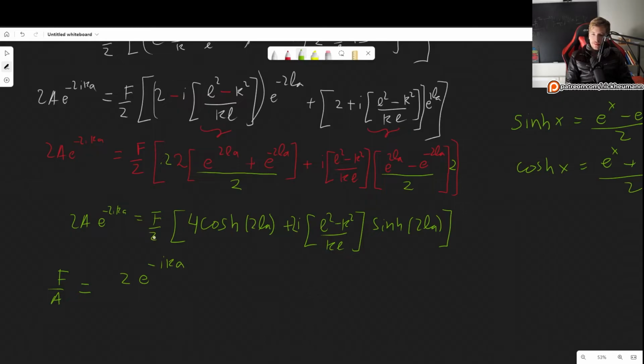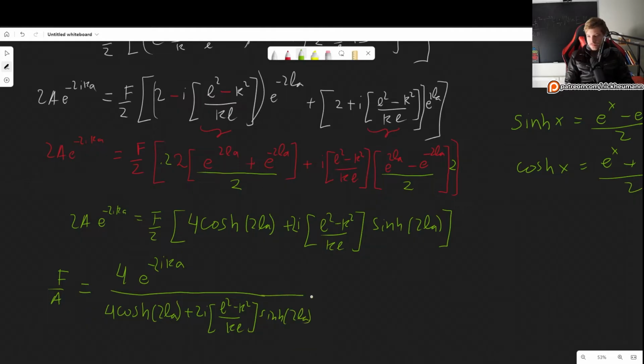Then we need to multiply by 2 again, so we get a 4. So 4 e to the minus 2iKa divided by this entire thing: 4 times the hyperbolic cosine of 2La plus 2i times L squared minus K squared over KL times the hyperbolic sine of 2La.